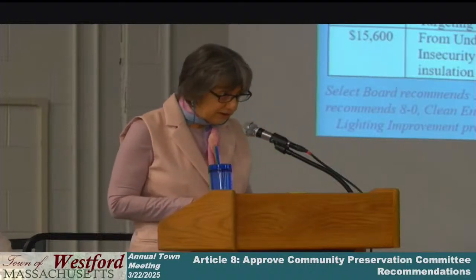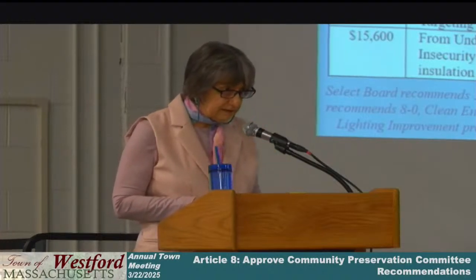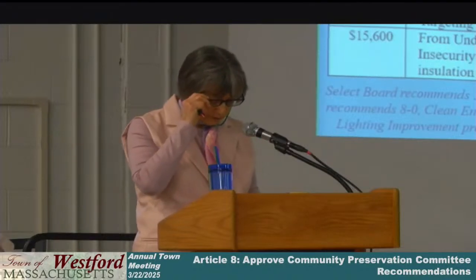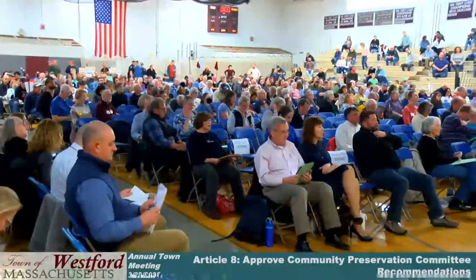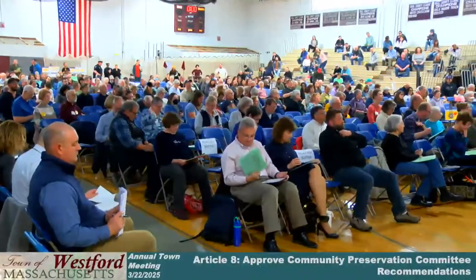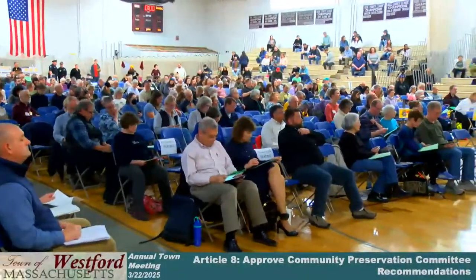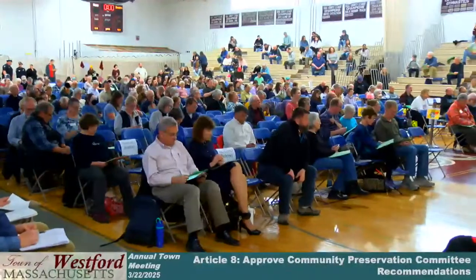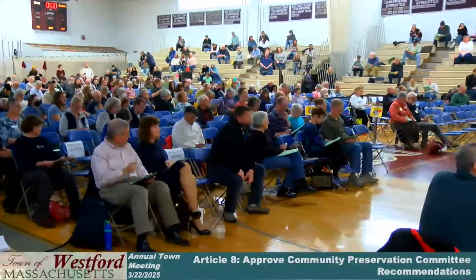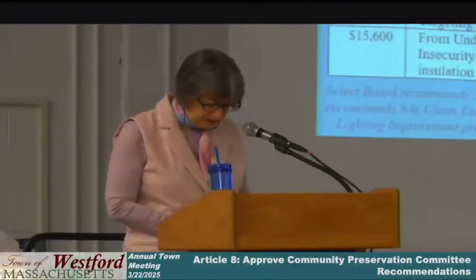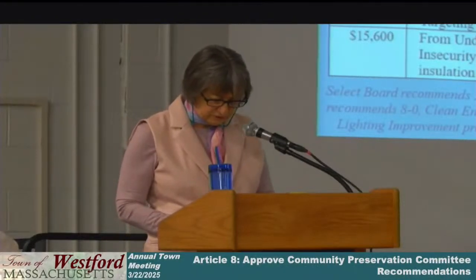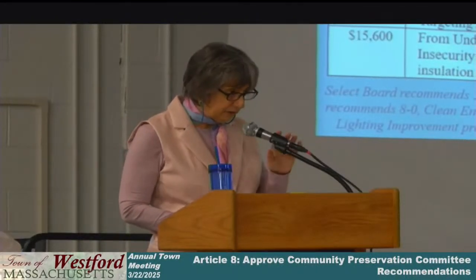Any questions on those? Seeing none, we'll go ahead and take a voice vote on those 3. All in favor, say aye. Opposed, say nay. The motion passes for those 3. It is not unanimous. All right, let's go to the undesignated fund balance for the Forge VFW field lighting, $350,000.